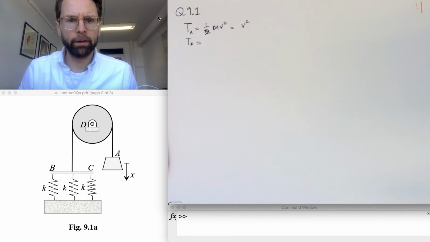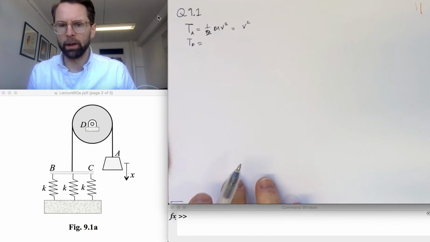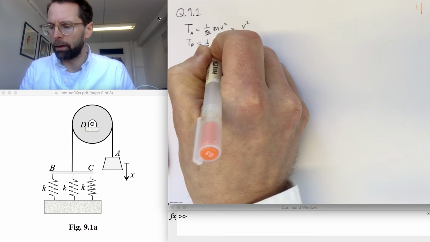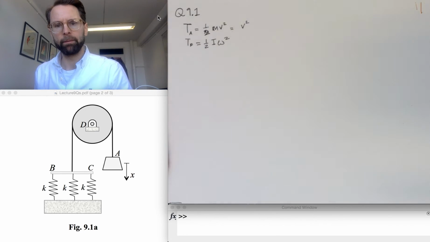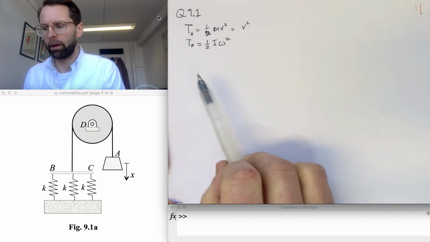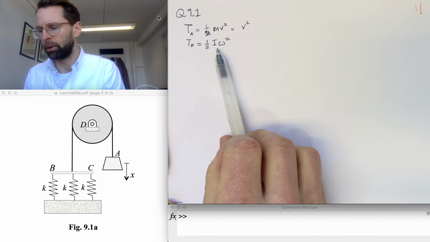Now the kinetic energy of the pulley in rotation, well, we need to use half I omega squared to evaluate that, where I is the moment of inertia and omega is the angular velocity of the pulley.